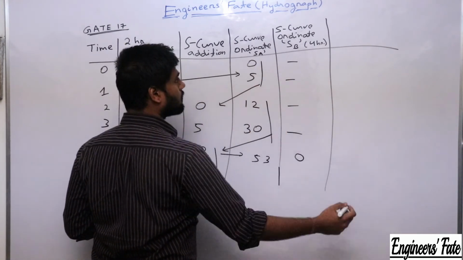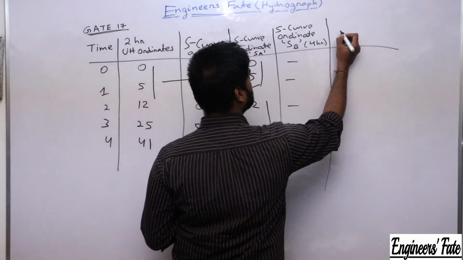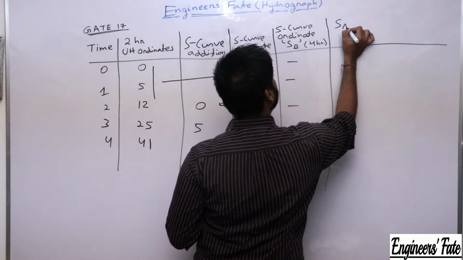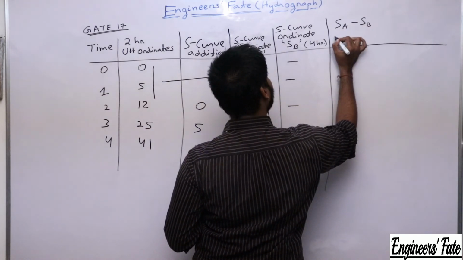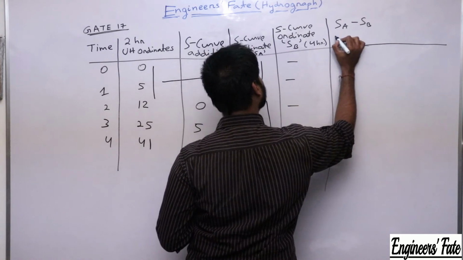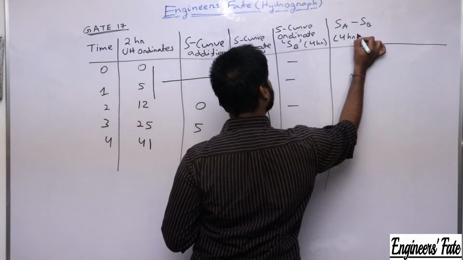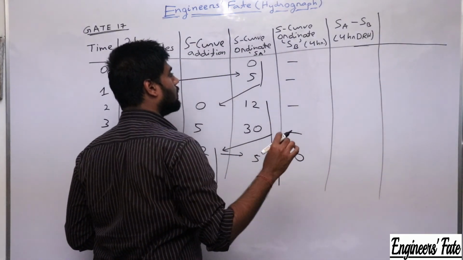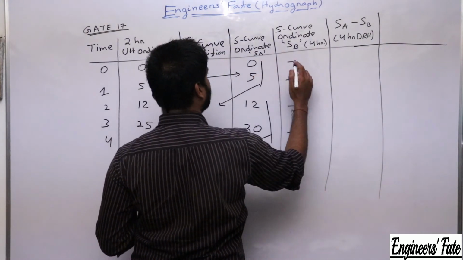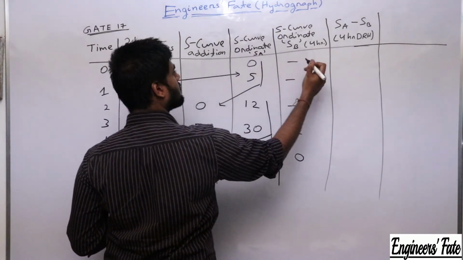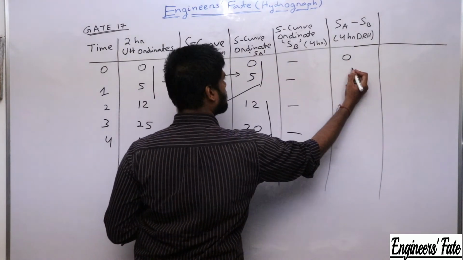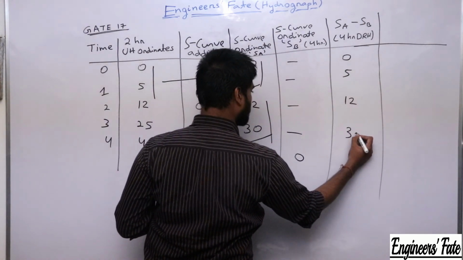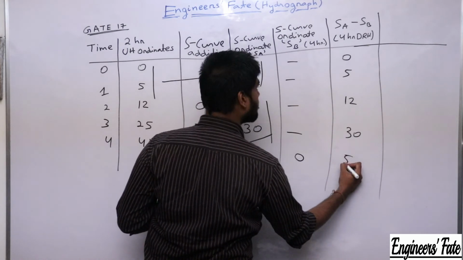So the next column is SA minus SB, and whatever value I get for SA minus SB, that will be the 4-hour direct runoff hydrograph. So just subtract the 2 columns: 0 minus 0, 5 minus 0 will be 5, 12 minus 0, that will be 12, 41 minus 11, that will be 30, 53 minus 0, that will be 53.